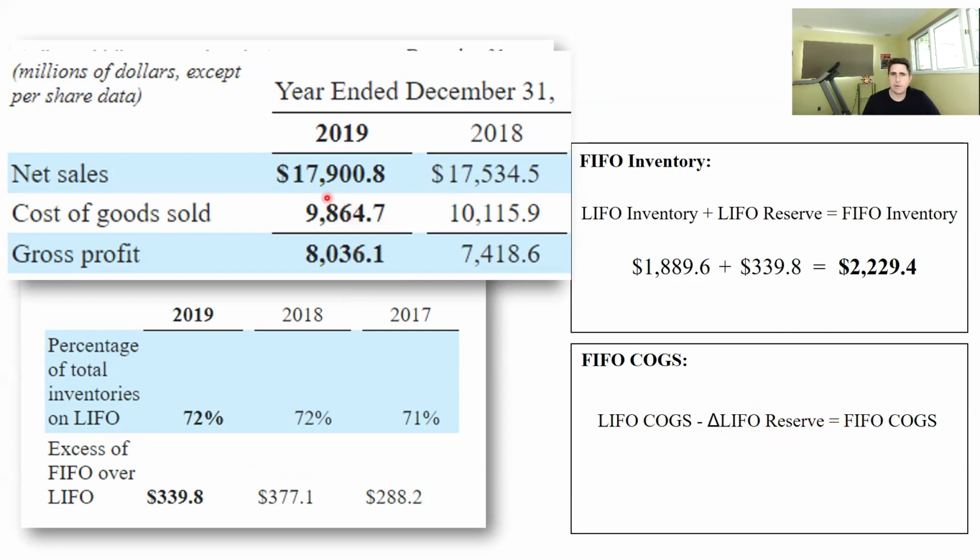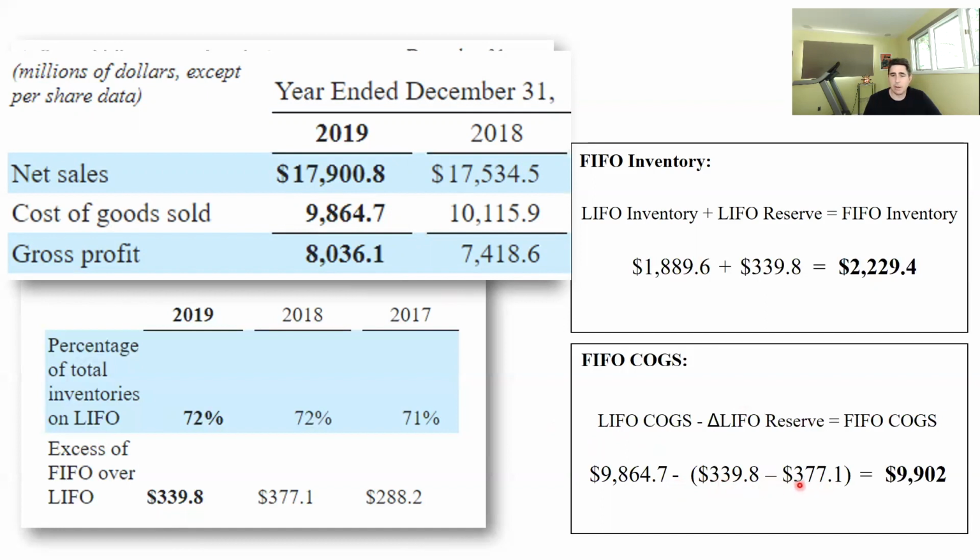So this is LIFO cost of goods sold, and we're going to subtract the change from 2018 to 2019. The LIFO reserve went down. So we'll take 9864.7, which is the LIFO cost of goods sold, and subtract the change: new minus old, 339.8 minus 377.1.